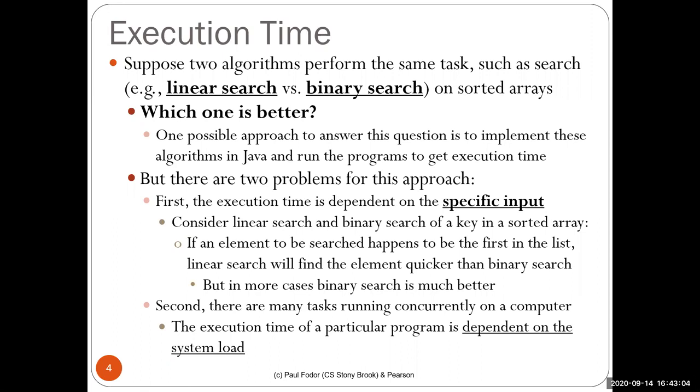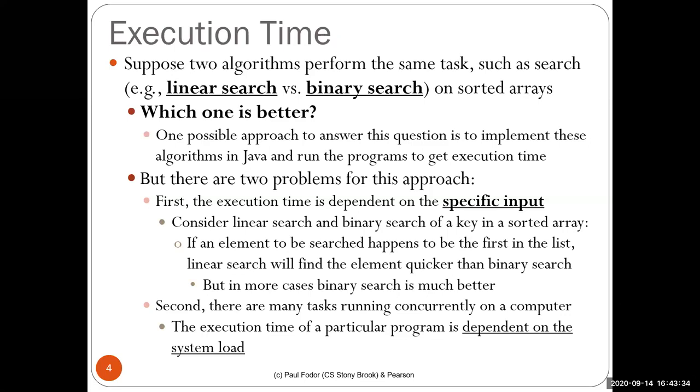And of course it will be faster than binary search, because binary search will compare the key with the element in the middle of the array, then it will compare with the element at the quarter of the array, and eventually after a logarithmic number of steps, log base 2 of the size of the array, it will return the index 1.